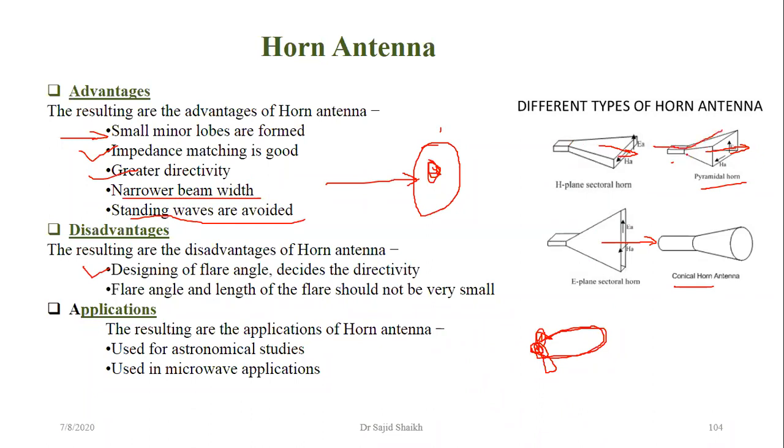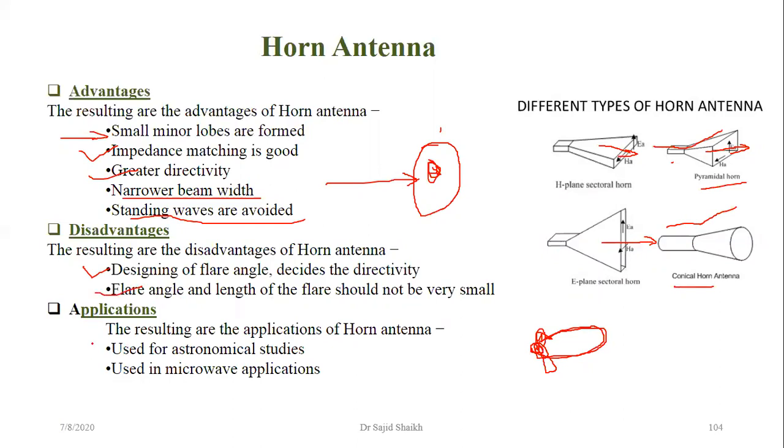Depending upon the shape of the aperture, it will decide the directivity. Here there is only a small tilt, and like this the directivity will be decided. Now, this flare angle and length of the flare should not be very small. Okay, so that is another disadvantage.